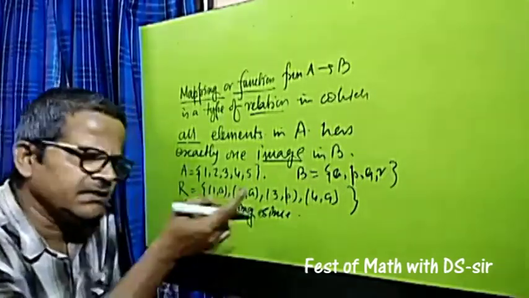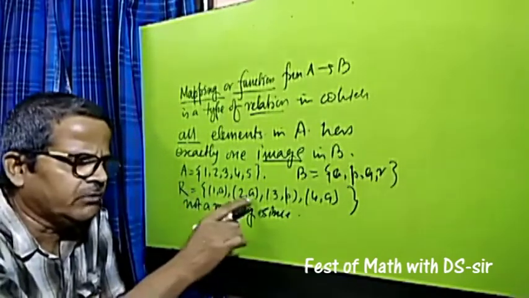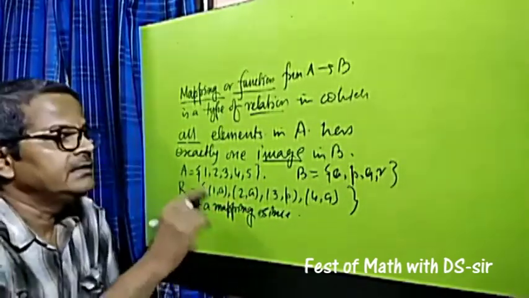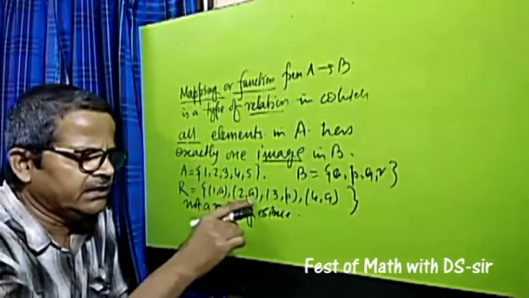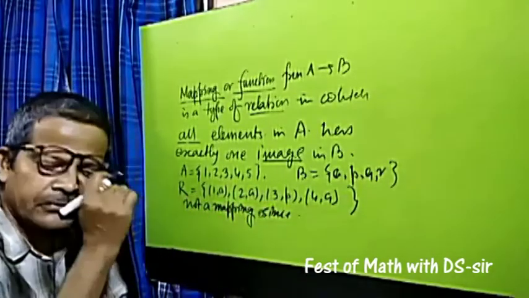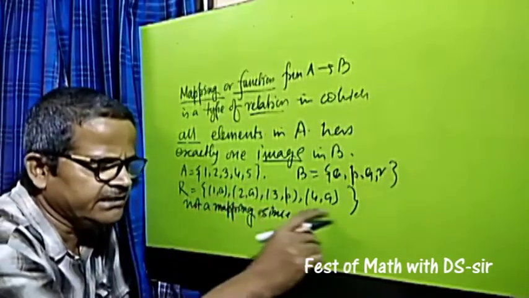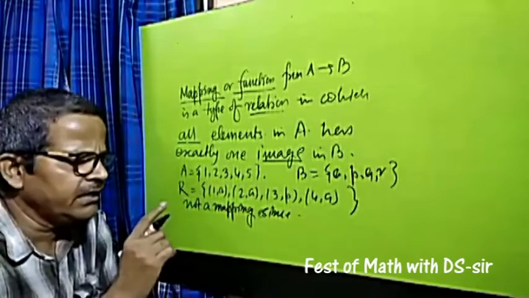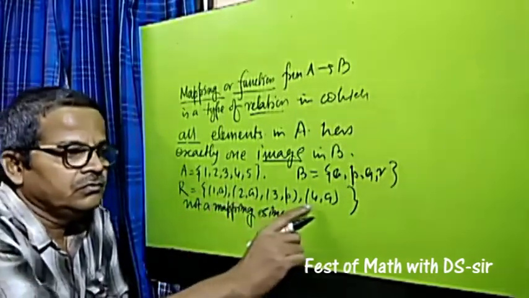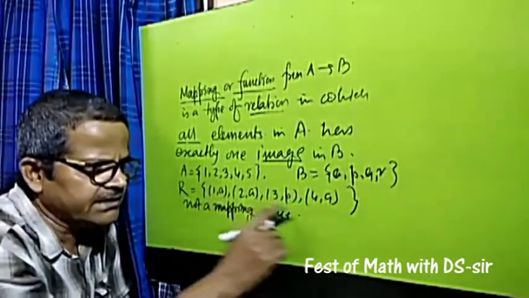2 has image a again. Images may be equal, but two images cannot be equal for one element. 2 has image a. Does 2 have any other image under R? No. Does 3 have any other image under R? No. 4 has image q. Does 4 have any other image?